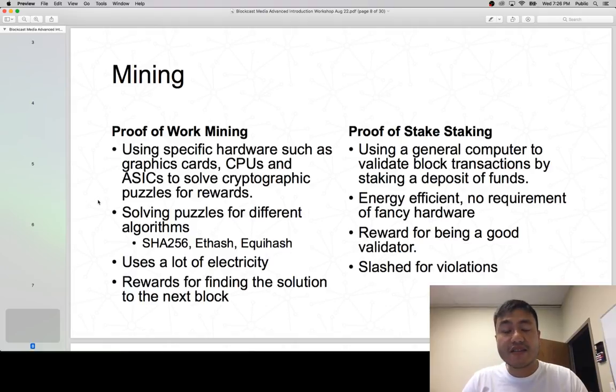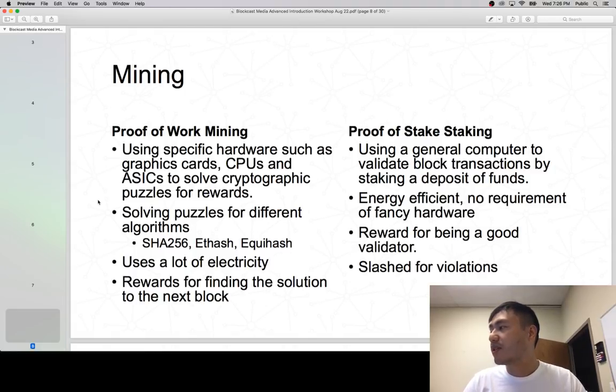There are specialized devices out there now that have been built that focus on specific cryptocurrencies like Bitcoin to give a user a much better chance of finding the next block. So your graphics card alone at home now will unfortunately not be enough to make something like Bitcoin mining work.